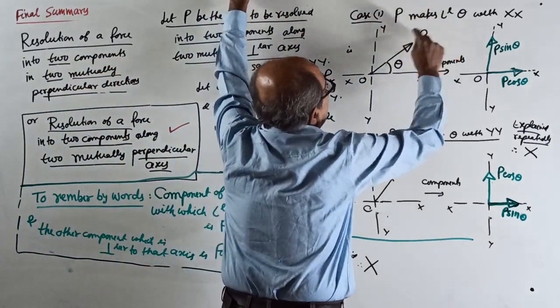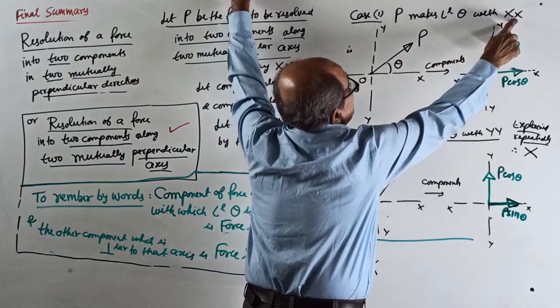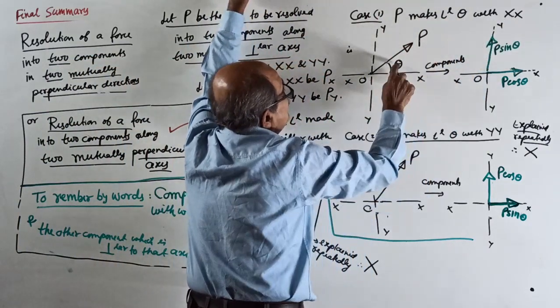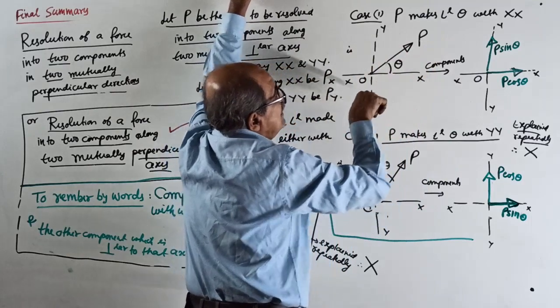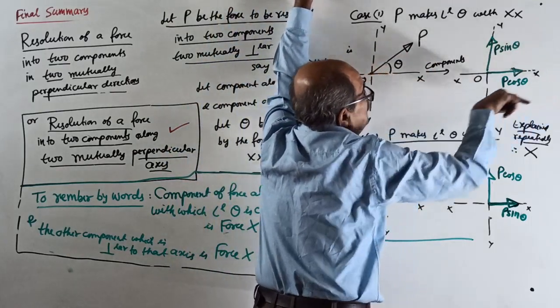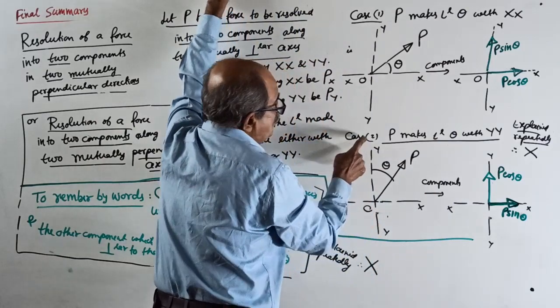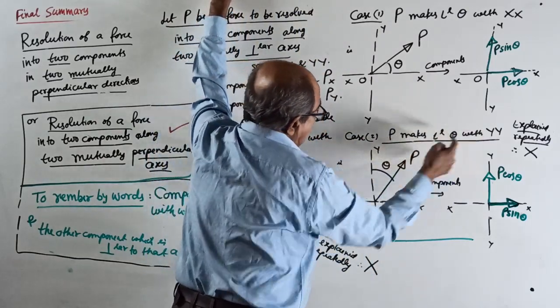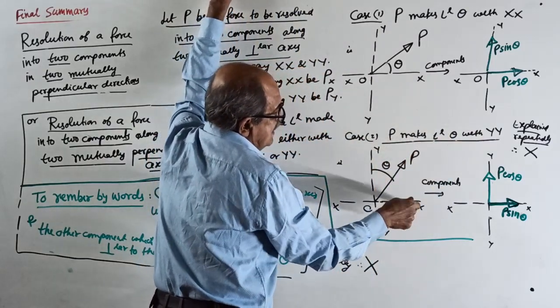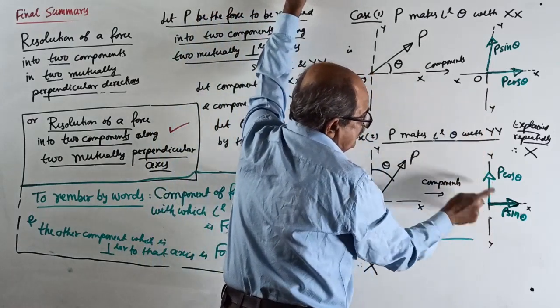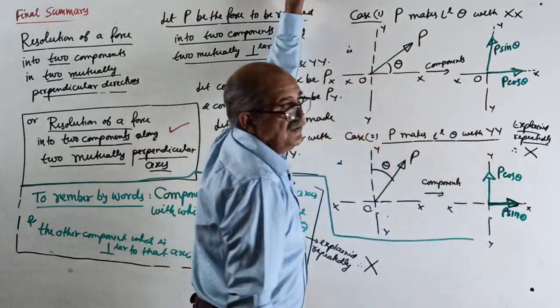P makes angle theta with the xx. Then, this component is P cos theta. This is P sin theta. Case 2. P makes angle theta with yy. Then, y component is P cos theta. X component is P sin theta.